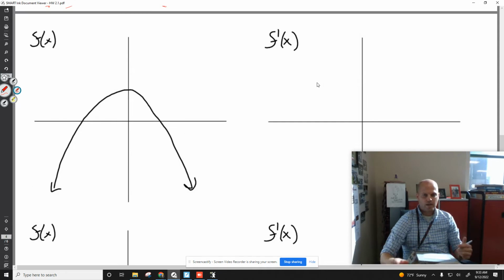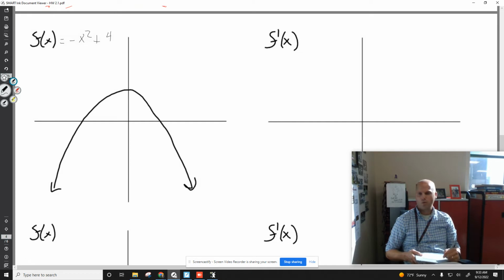For example, take this function, looks like some negative x squared, maybe a negative x squared plus 4 or something like that. Look at the tangent slopes, and again, use as many points as you want. You realize the slopes are positive, less positive, to a 0, to a negative, to a more negative.